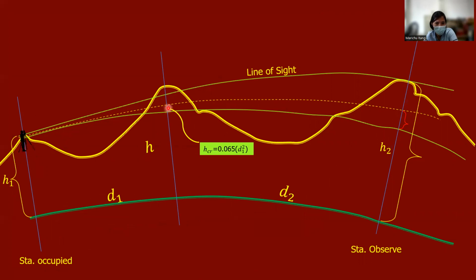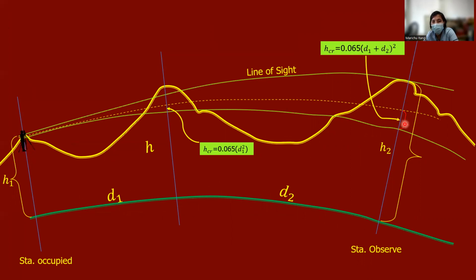Since lalaki siya dahil mag-a-add tayo ng distance dito, therefore, this is equivalent to 0.065 times the quantity D1 plus D2, squared. Since we consider the whole length, similar din, 0.065, but we need to add the two distances D1 plus D2.